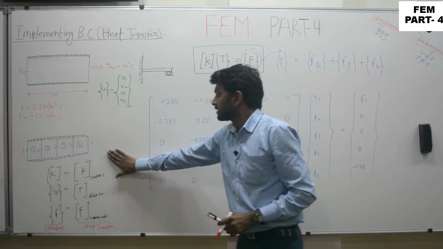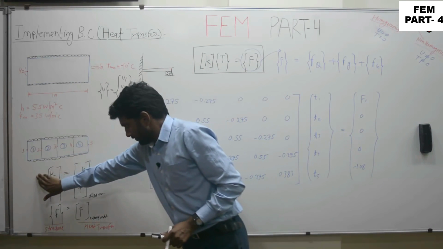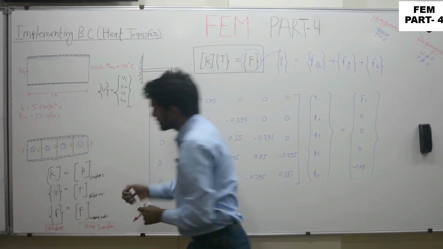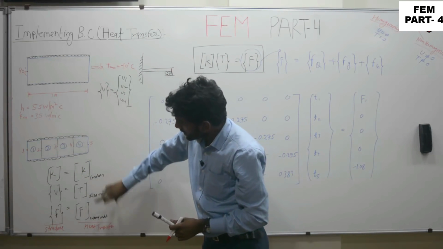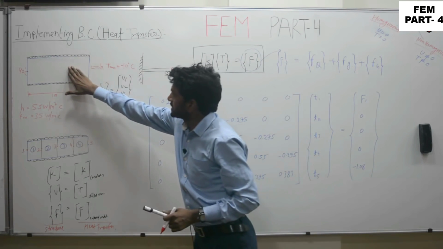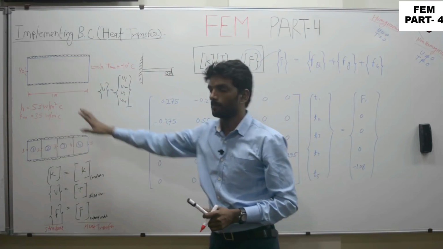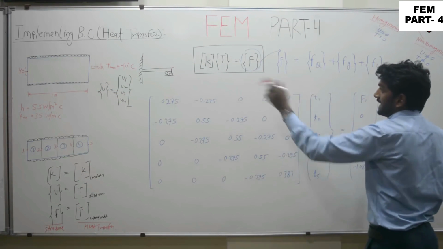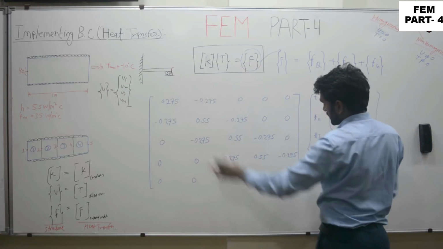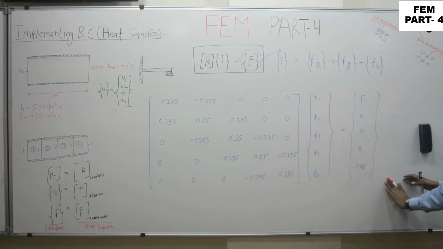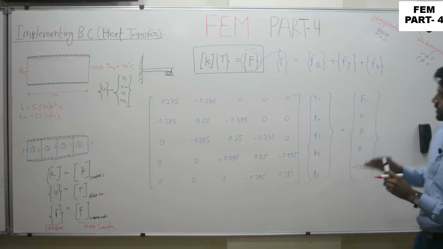Then especially we need to find out these three parameters: the conductance matrix, the field variable, and the external conditions which are given or specified for this particular class of problem. So we had already formulated the stiffness matrix, or in the case of heat transfer it's called the conductance matrix. This is your field variable, this is your external conditions.